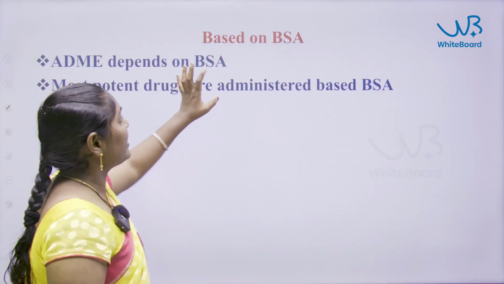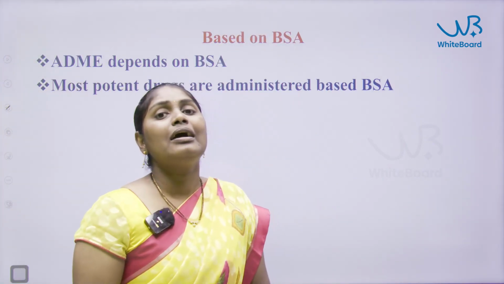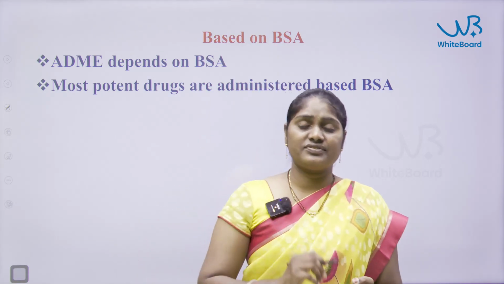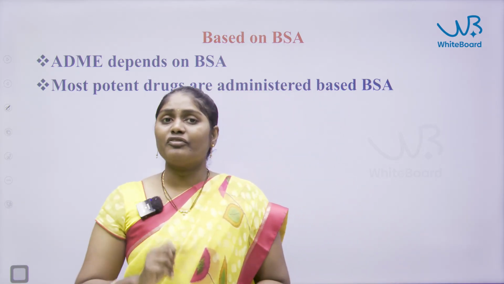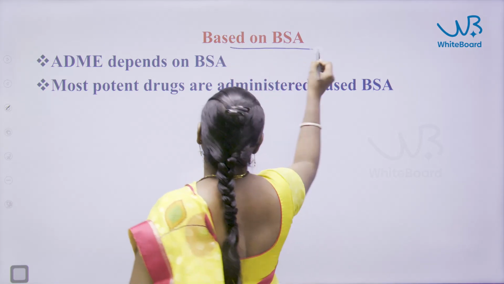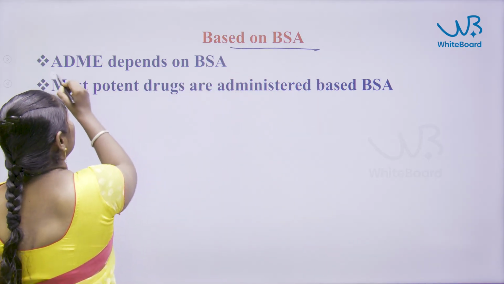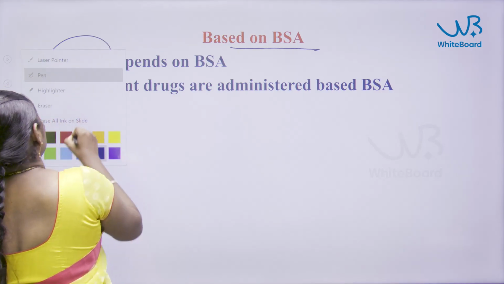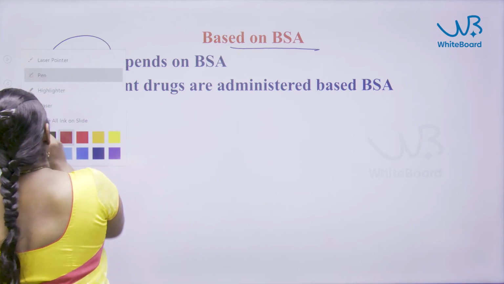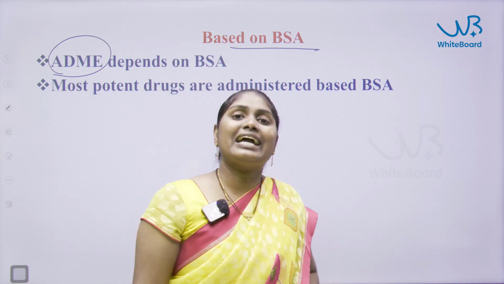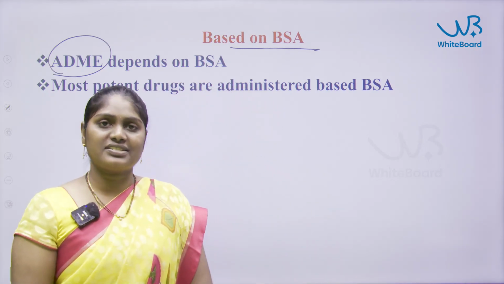So coming to the next topic, that is based on body surface area, the next heading. We have seen based on age, we have seen based on weight. Now we are going to see based on body surface area. Why is it very important to study body surface area? Because usually ADME is dependent on body surface area.